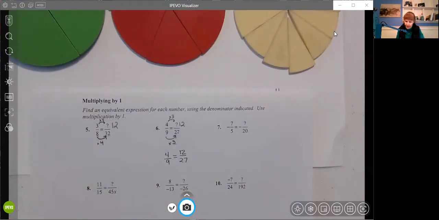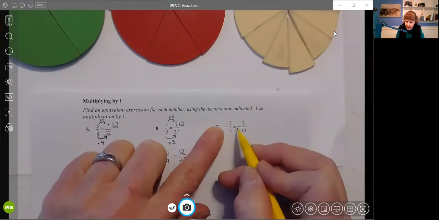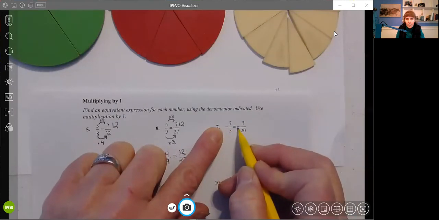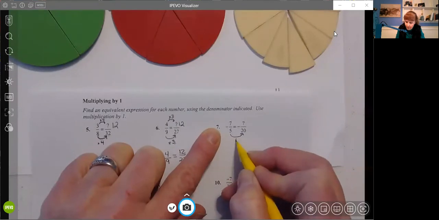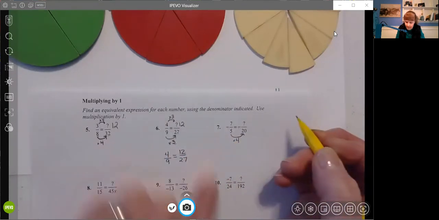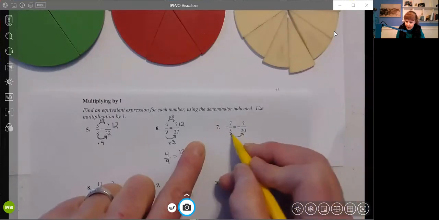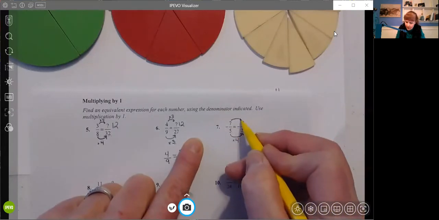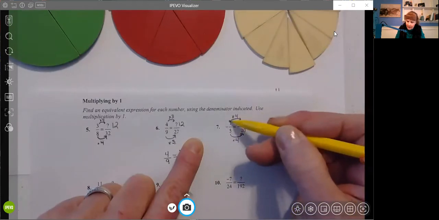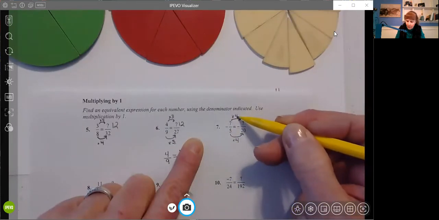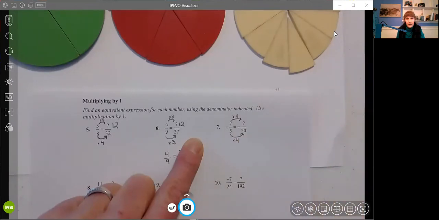Okay, let's go ahead and do this one. Now you have a negative, they have the negative. They put that in there for you. To go from here to here, I multiply by 4. So again, 20 divided by 5 is 4. To go in here, I'll multiply by 4. So I'm multiplying this fraction by the number 1. 4 over 4 is the number 1.